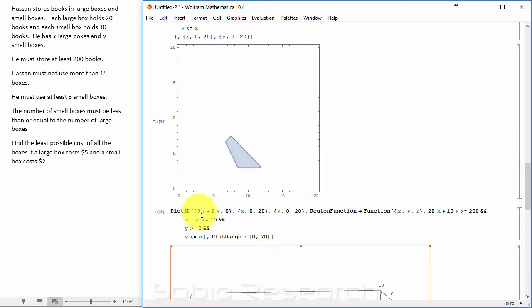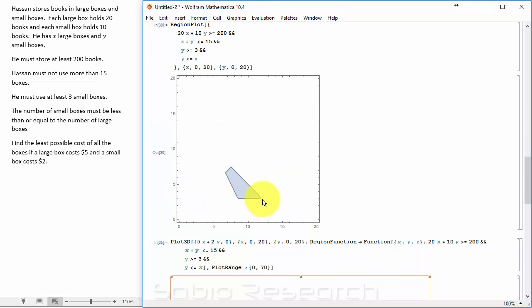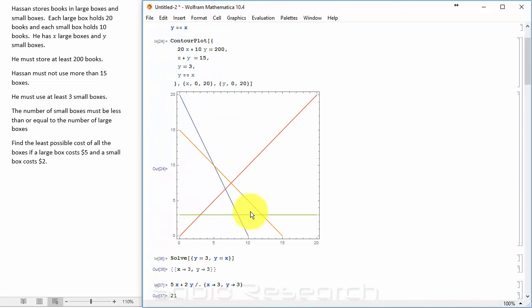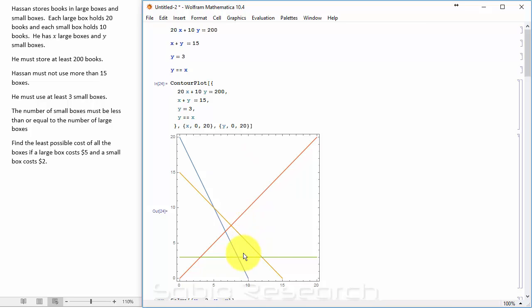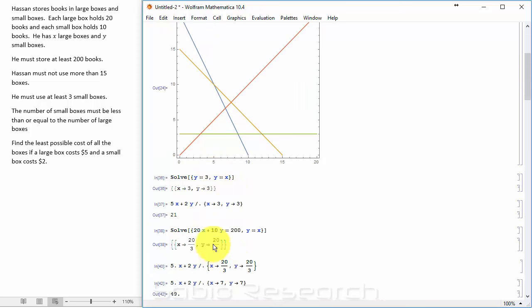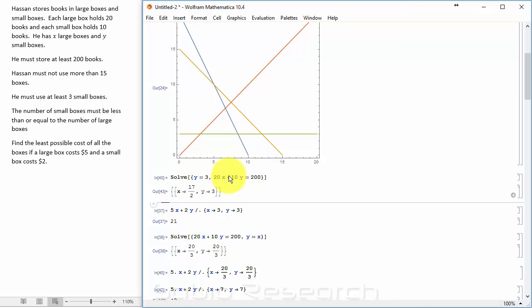So let's find out. 5x plus 2y. And this one is 3. And I'm meeting with this guy. So here I'm meeting y equals 3. And this one, I used the wrong function here. I should have used this. Okay, so I got this one here. And I've got to round this up.